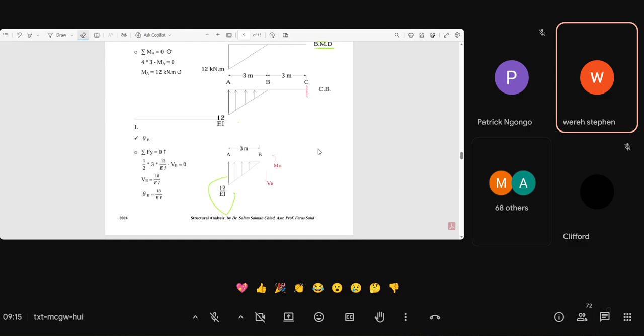Then we move to the virtual work method, because this week I'm not around, but we need to move because we are late. If I say we wait until physical, we might not catch up.